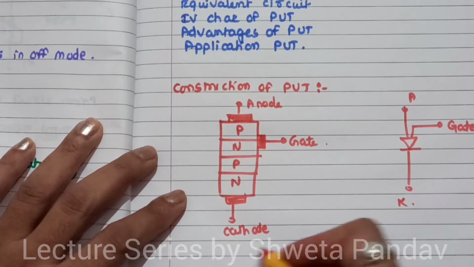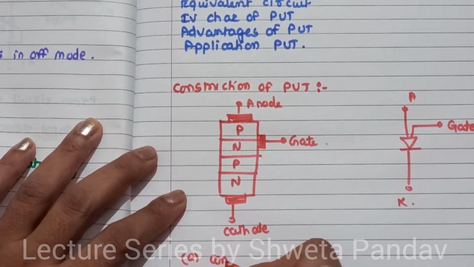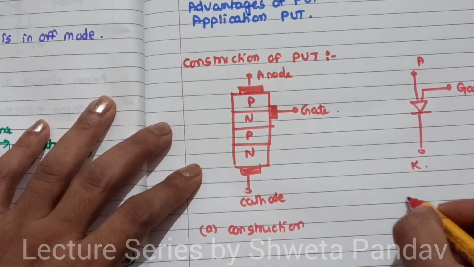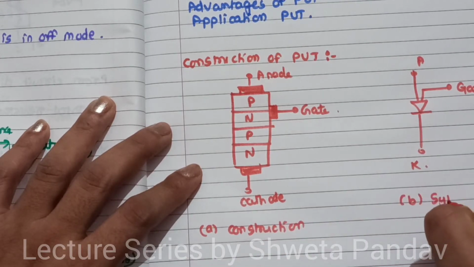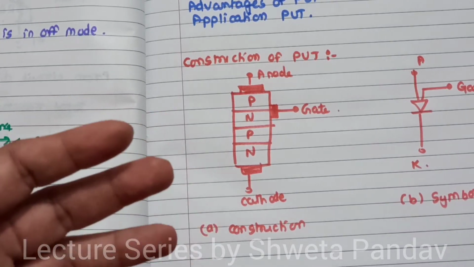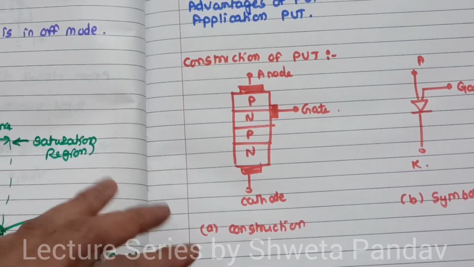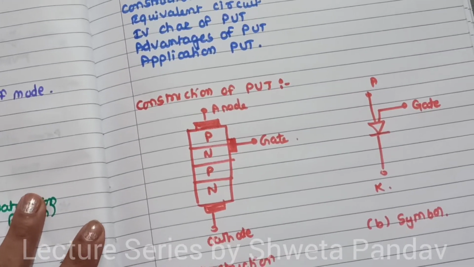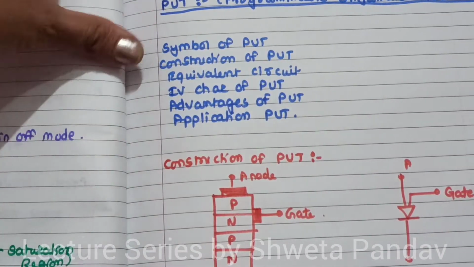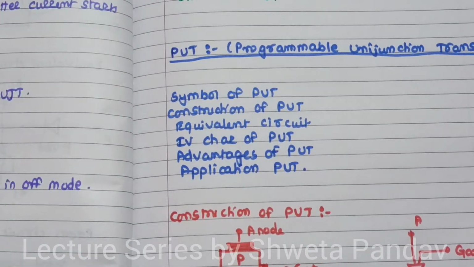So this is the construction, and this is the symbol of PUT. Why is it called PUT? In UJT the value of resistance RB1 and RB2 is fixed, while in PUT we can change the resistance value, or we can program this type of transistor.